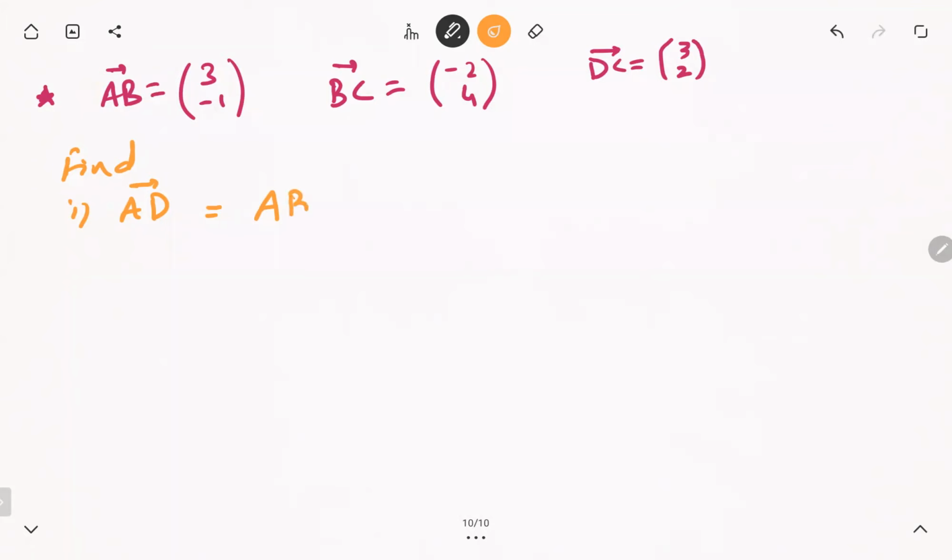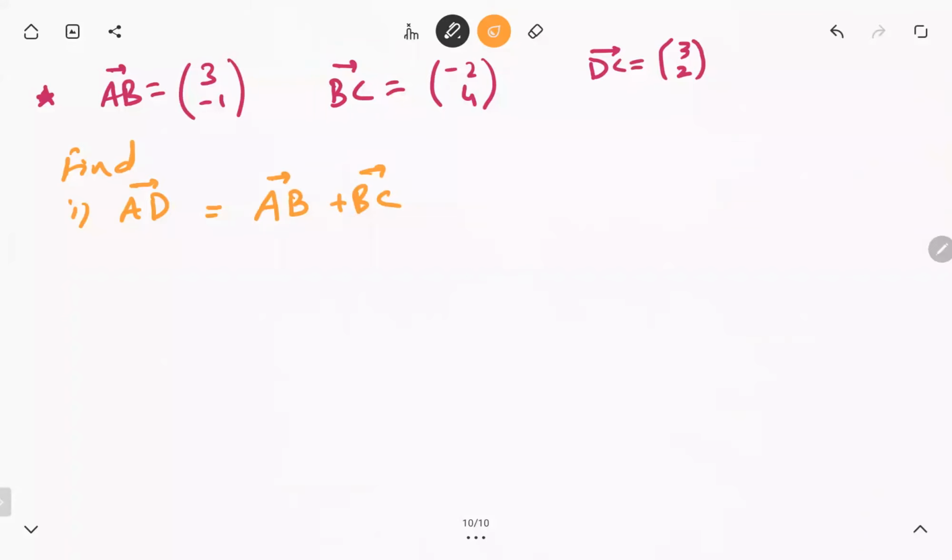So the possible path for A to D: initially we are starting from A and we can move from A to B. Now because we are at B, the next vector will start from B. So where can we go from B? You also have to look at the given information. From B we can only go to C. So AB plus BC.